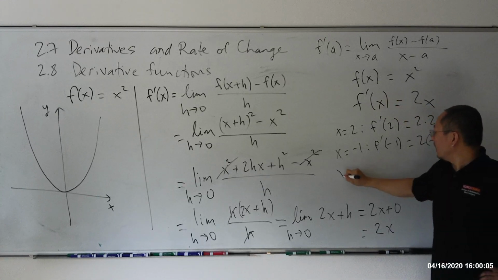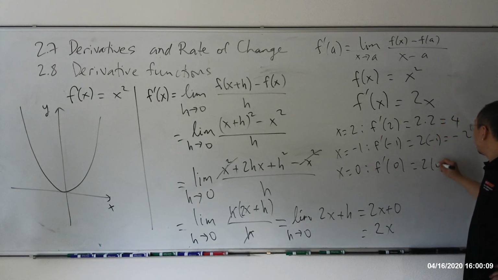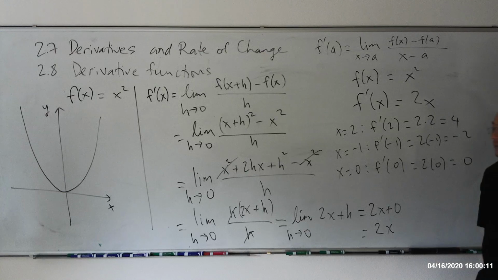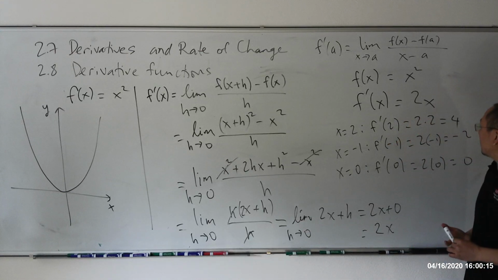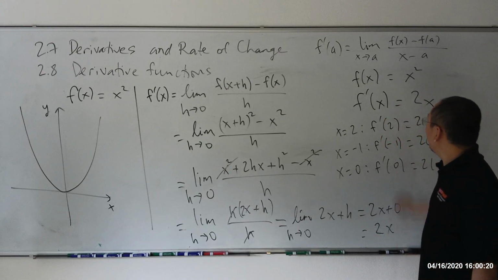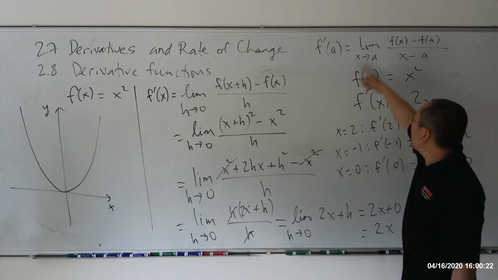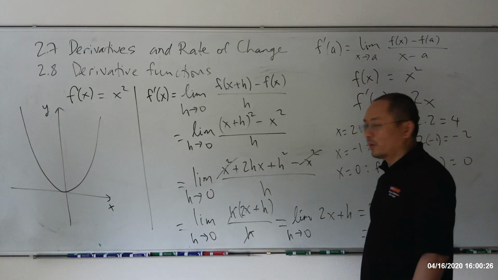And then x equal to 0: f prime of 0 is 2 times 0, which is 0. You have the derivative values at a point. In other words, the slope of the tangent line at those specific points right away if you know the derivative function, without going back three times and calculating the slope at the given point.